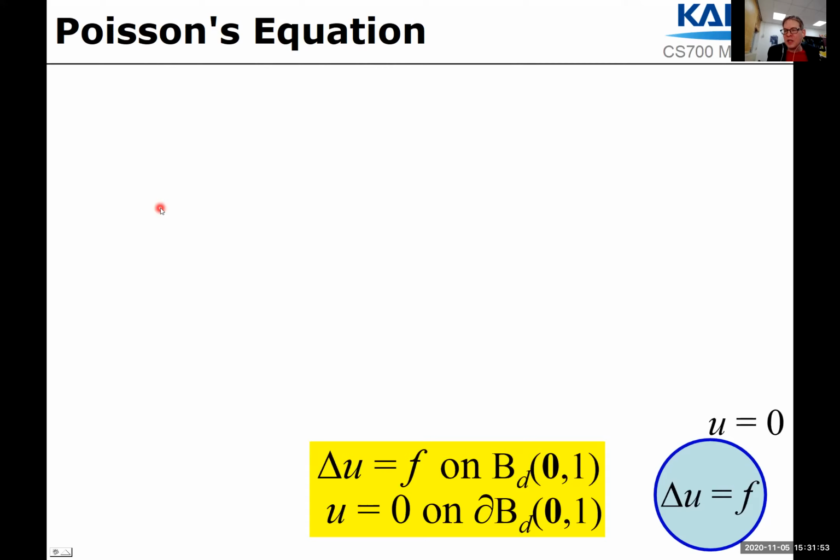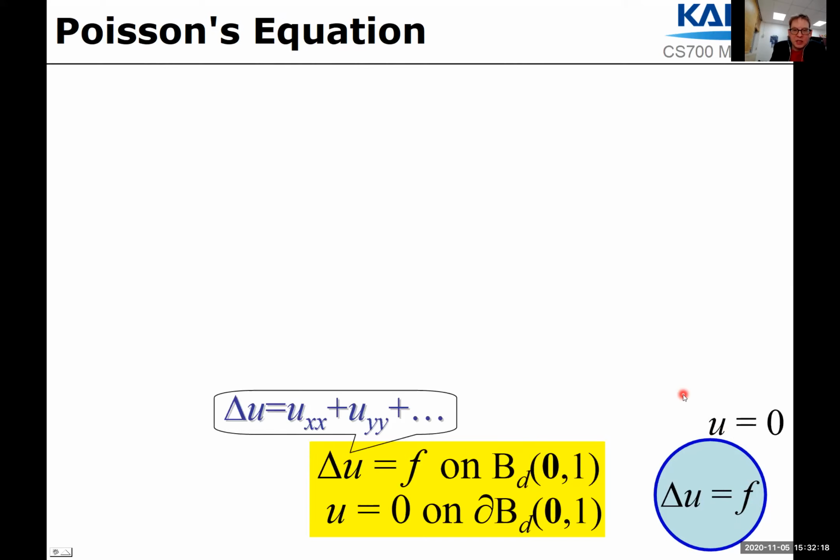Euclidean is important. For example, in dimension 2, this is just the ordinary disk. And inside the disk, the Laplacian of u, the solution, must be equal to the inhomogeneity f, the driving external drive, and on the boundary it should vanish. That's our equation.